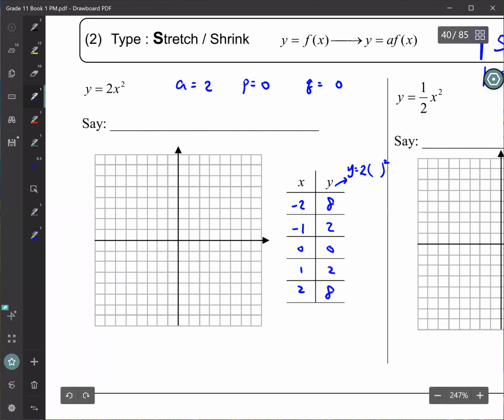Okay, thank you. Please raise your hand if you finished the graph too. -2 is 8. -1, 2. 0, 0. 1, 2. 2, 8.